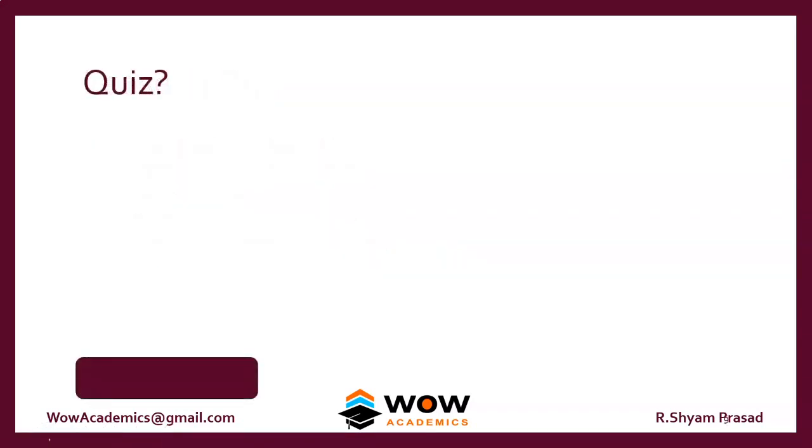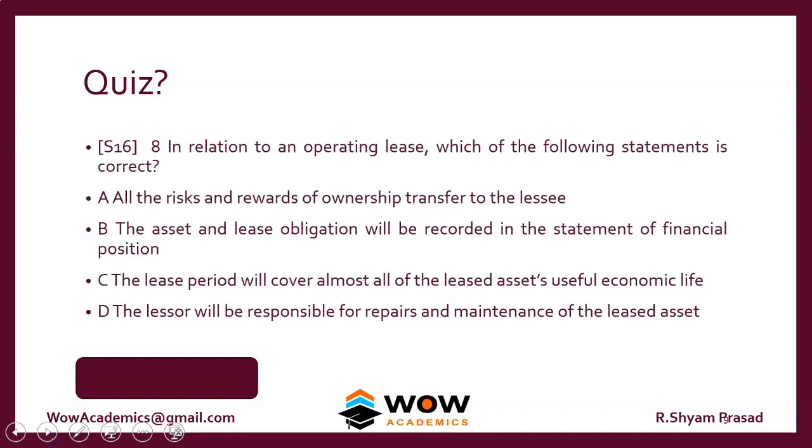So we'll have a quiz here. In relation to an operating lease, which of the following statements is correct? All the risks and rewards of ownership are transferred to the lessee. This is a finance lease. The asset and legal lease obligation will be recorded in the statement of financial position.